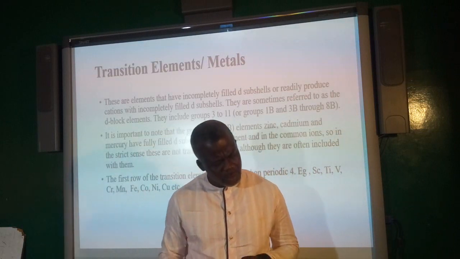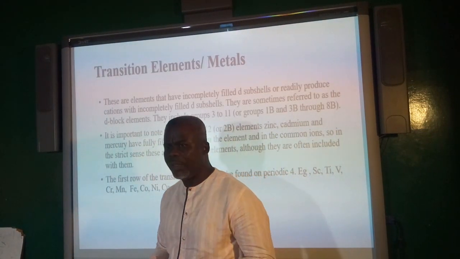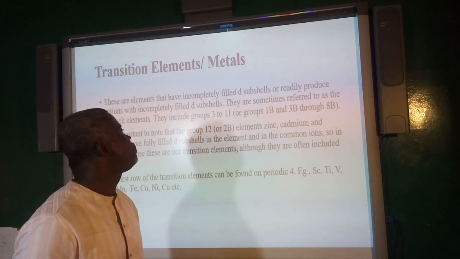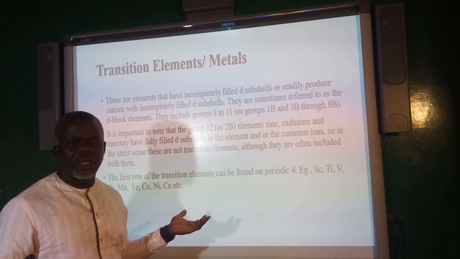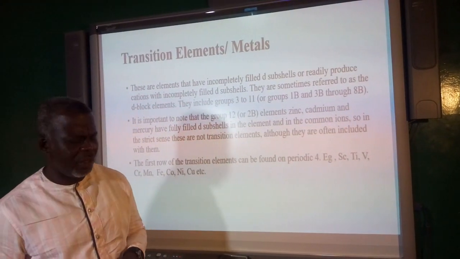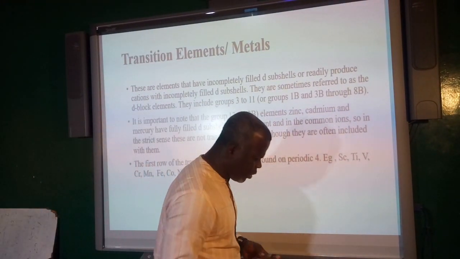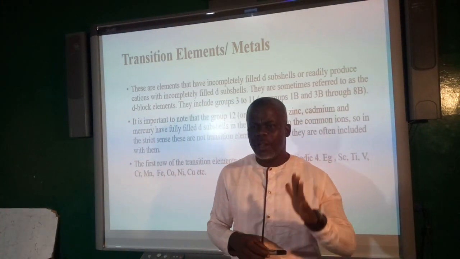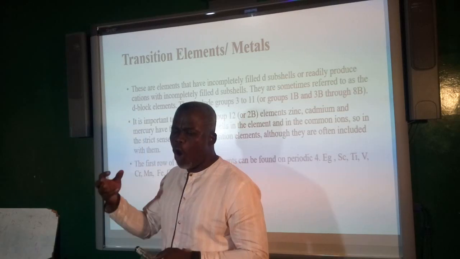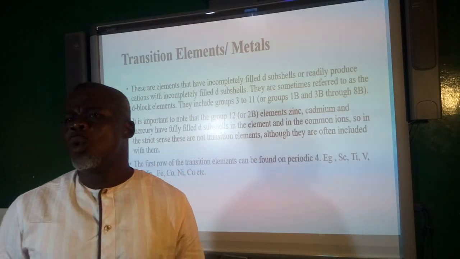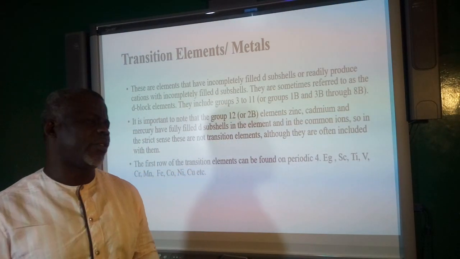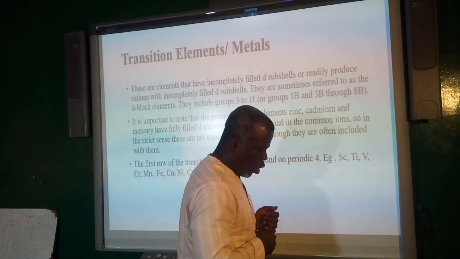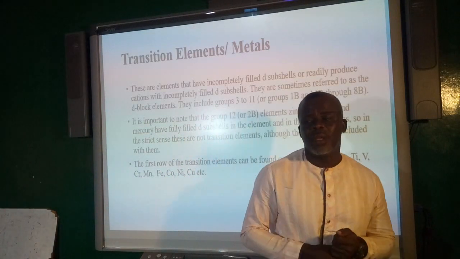The next classification is transition elements or metals. What are transition elements or what are transition metals? These are elements that have incompletely filled D subshells, or they form cations with incomplete D subshells. They are normally called the D block or the D series elements.